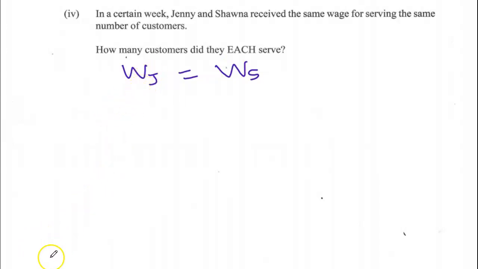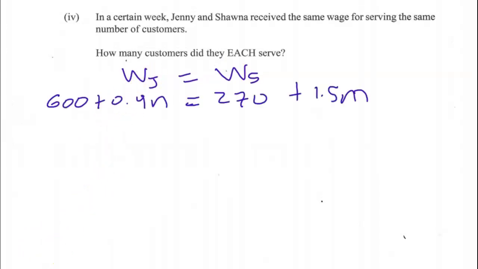Recall that Jenny's wage was 600 plus 0.9 N, and Shauna's weekly wage is 270 plus 1.5 M. Now, we are told that they serve the same number of customers. The number of customers for Jenny we represent as N, and for Shauna, represented as M. So we know that N is equal to M.